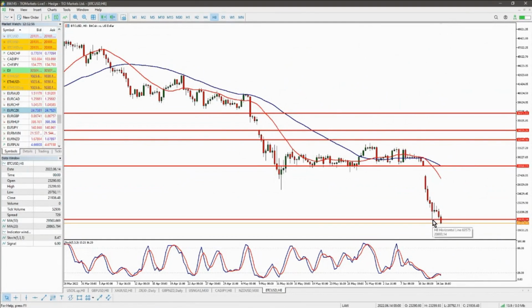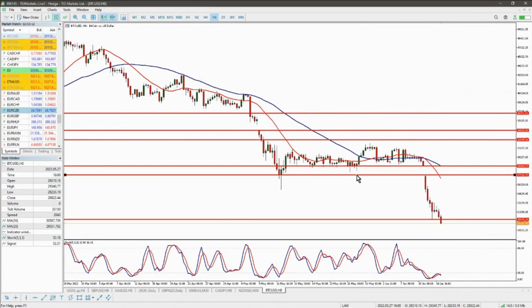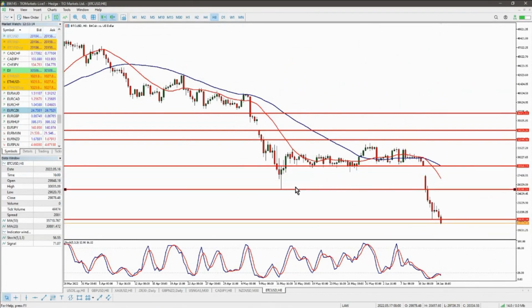The traders need to be able to push the market above 20,700 and then create higher lows, and then we might see a move back to these areas here. Possibly that is going to be a factor, because it's a prominent low. So there's quite a bit of resistance ahead. Let's see what the market does.